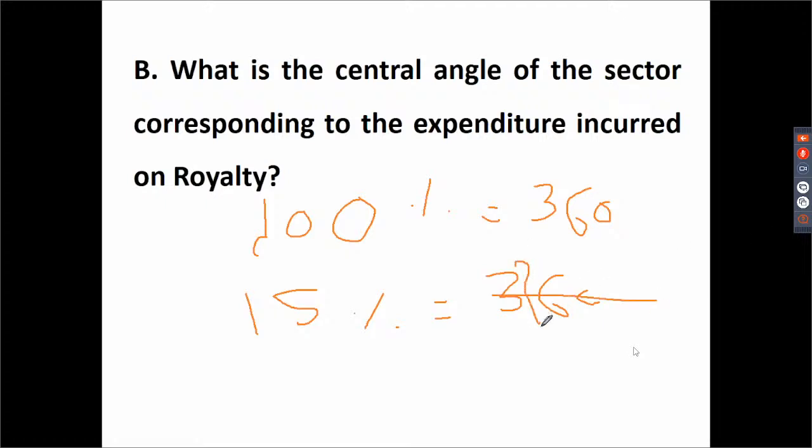So you have to find the value. 15% is equal to what? 15 into 360 by 100. Okay.